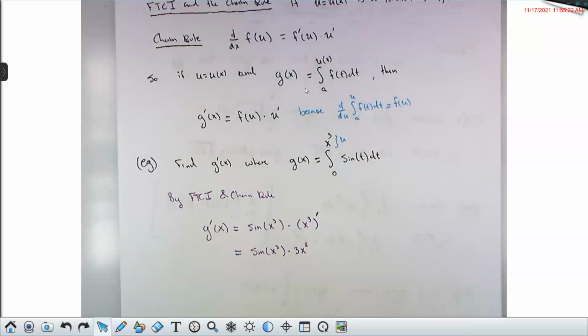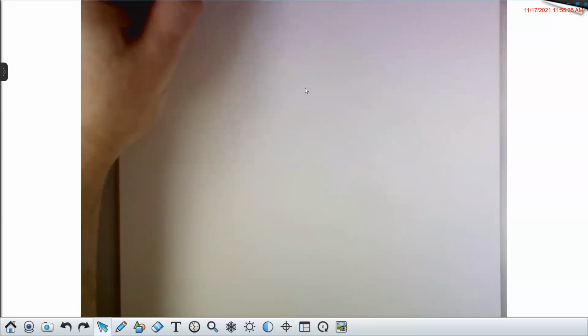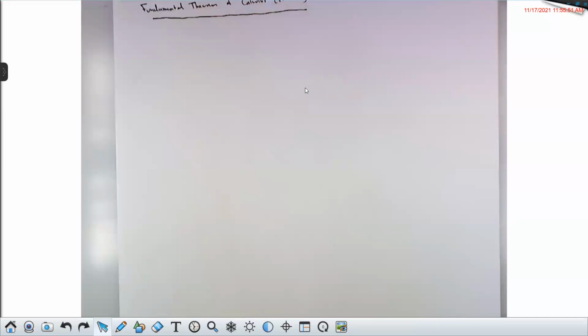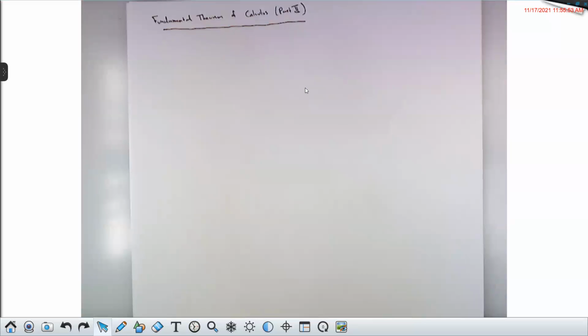All right. So let me go ahead and show you the second fundamental theorem, and then we'll see how these interact with each other. This one's even simpler.